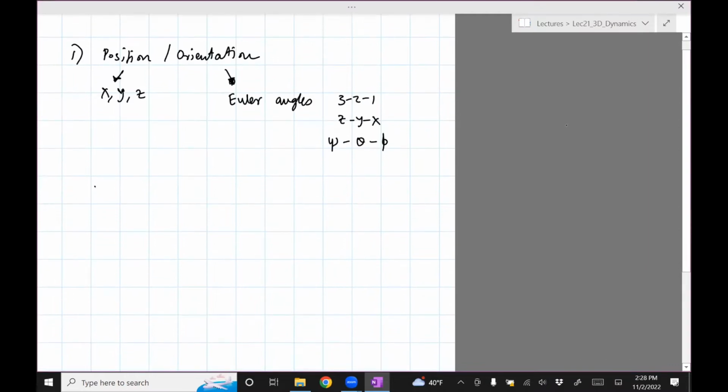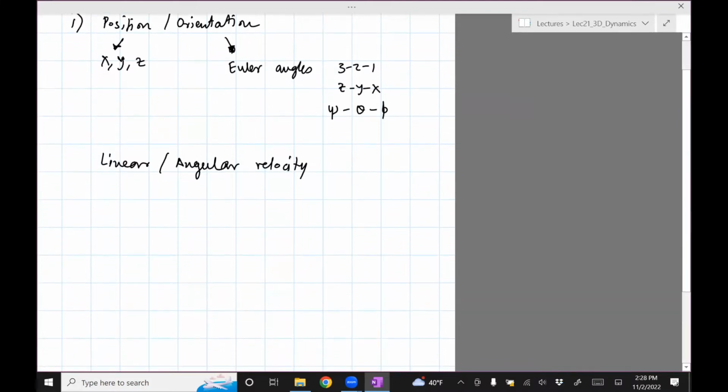Okay, so velocities, we have linear, and we need the angular velocity. So the linear velocity is simply x dot, y dot, z dot. Okay, now angular velocity.